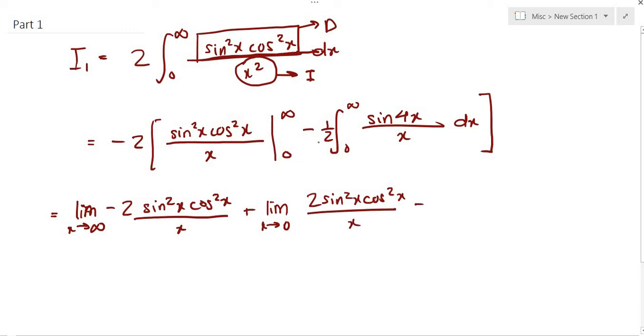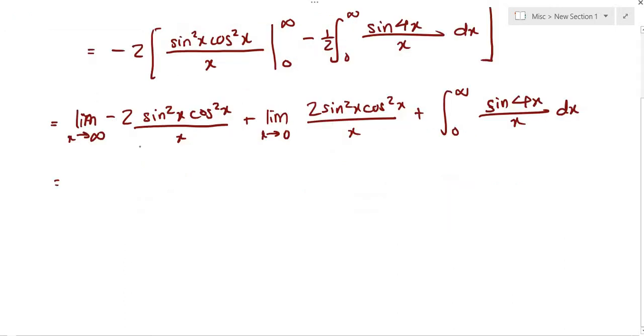Minus and minus will make plus, and then 2 over 2 is 1. So we then just have the integral from 0 to infinity of sine of 4x divided by x dx. So now as x tends to infinity, sine squared of x times cosine squared of x.